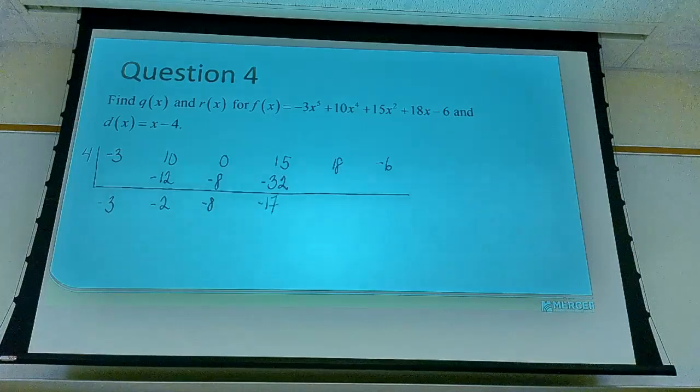Times 4, negative 68, plus 18, negative 50. Times 4, negative 200, plus negative 6, negative 206.